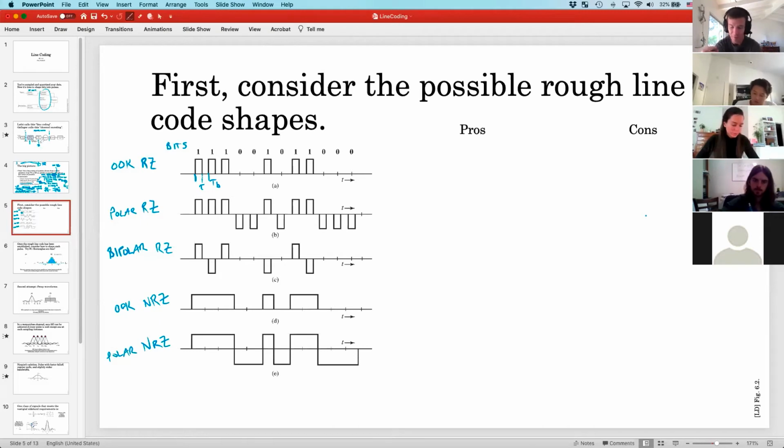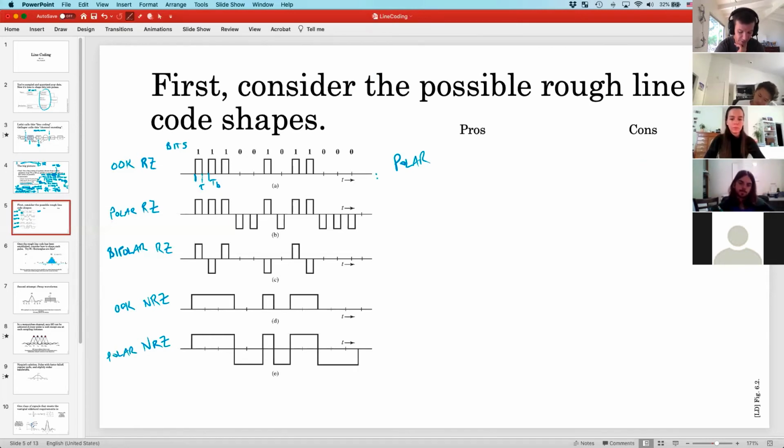So I'm going to break with how I intended to present this slide and say, for polar signaling, what are the pros of polar signaling? You might be tempted to say that it requires, as a con, polar signaling.